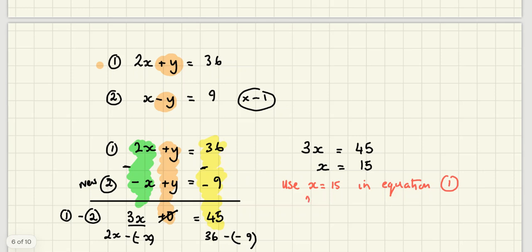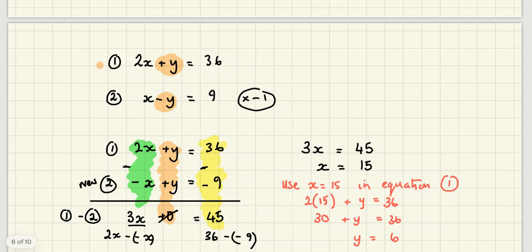So we've got 2 times 15, notice how I'm putting it all in, so I'm doing all my communication, plus y has to equal 36. Therefore, 30 plus y is 36, which means y must be 6.